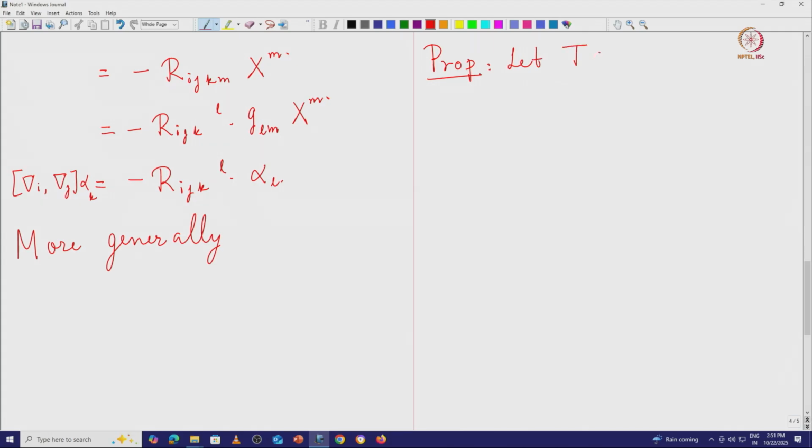Let T be an arbitrary tensor of type (A,B), such that locally T is given by T^{l_1...l_A}_{k_1...k_B} times the standard basis elements.